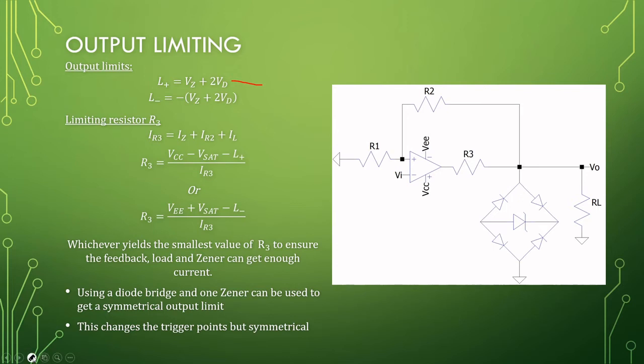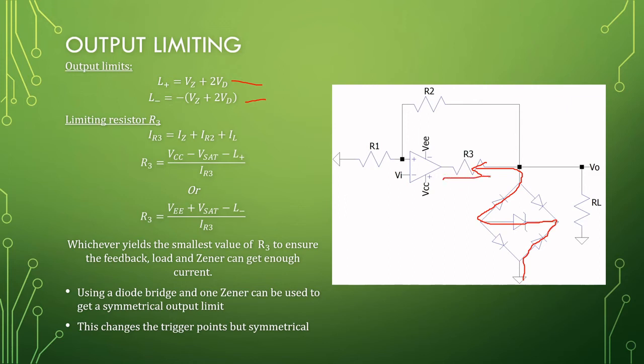For our negative limiting, the easiest is to take the current flowing out of ground, and it will flow through this diode, can't go that way, through the Zener, through this diode here, and into the source. So again, two diode drops, one Zener drop, and it's negative. So there is your negative limit.